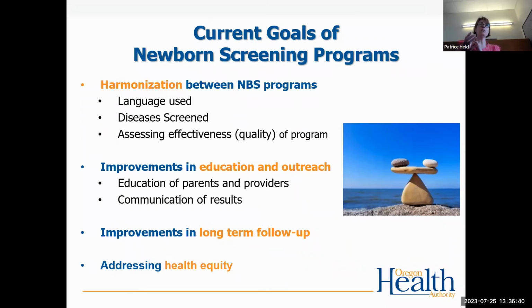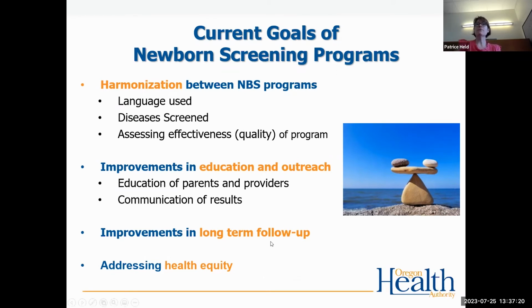And so not only do we need to confirm the presence of the disease, but we need to monitor these patients long-term to understand when the disease symptoms arise, when optimal treatment should be provided, in order to really understand whether or not we are positively impacting the baby's life and achieving quality outcomes. So essentially, long-term follow-up is a critical component of newborn screening programs to really understand the effectiveness of our programs.